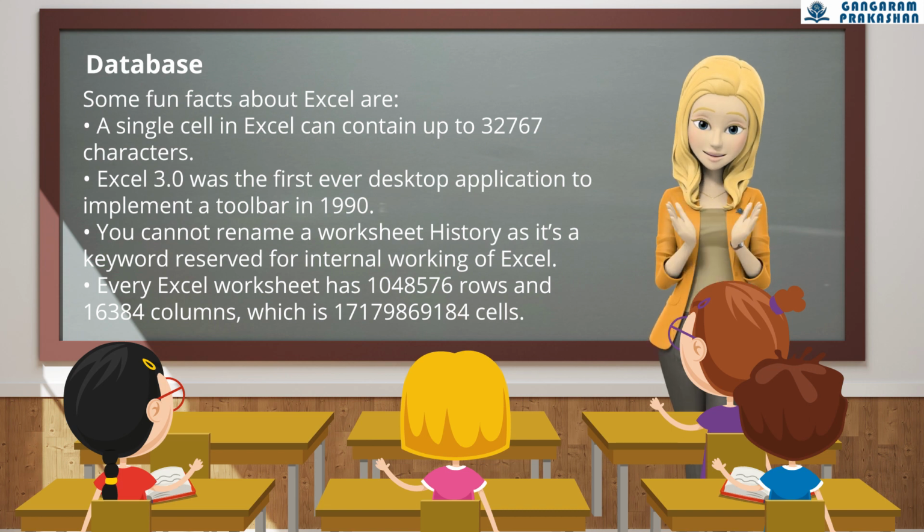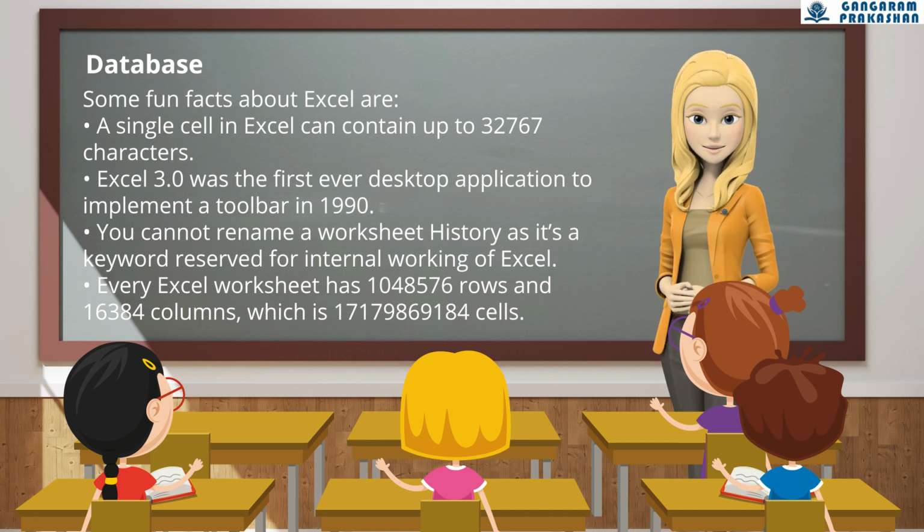You cannot rename a worksheet History as it's a keyword reserved for internal working of Excel. Every Excel worksheet has 10,48,576 rows and 16,384 columns, which is 17,017 crores, 98 lakhs, 69,184 cells.